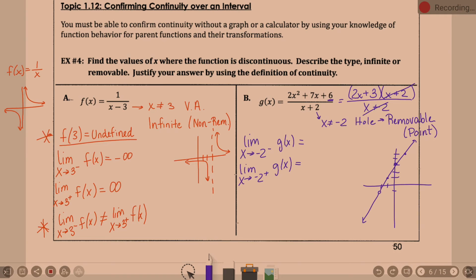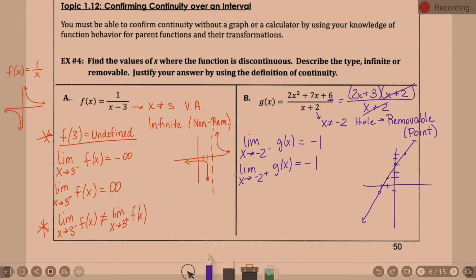Now, what's that say about the limit? It's approaching negative 1. In both cases? It's a line, yes? So that says the limit as x approaches negative 2 from the left is negative 1, and negative 2 from the right is negative 1. And you guys saw me, I just did the slope down to there, right?